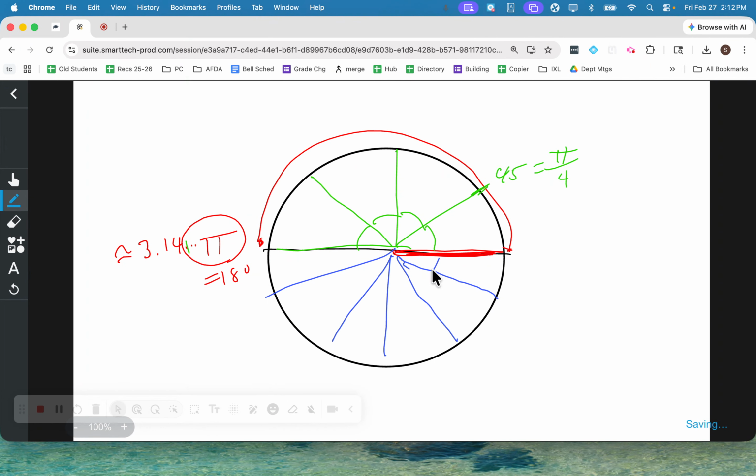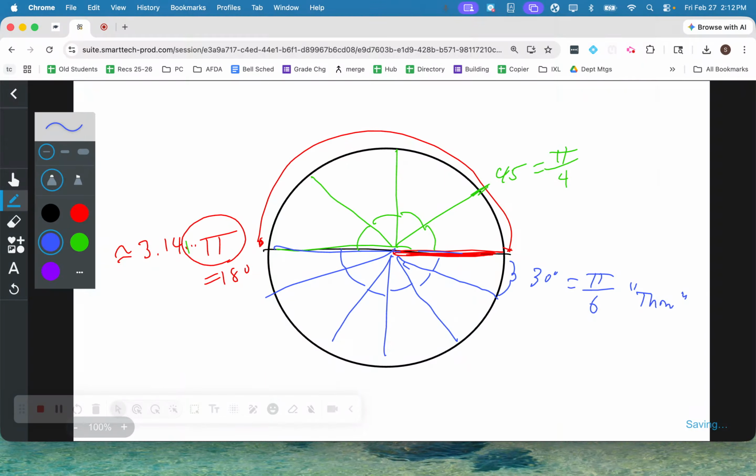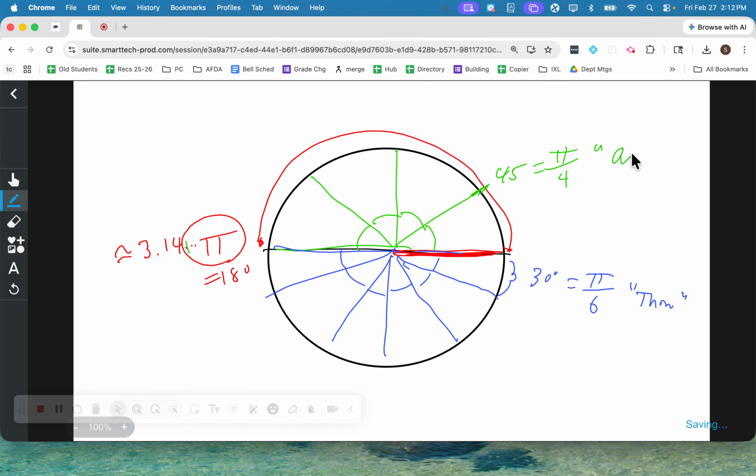Given that there's 1, 2, 3, 4, 5, 6 of them, they're each worth 30 degrees. This is 30 degrees. And like I said, it cuts a pi, which is half a circle, into sixths. So these are called thin.